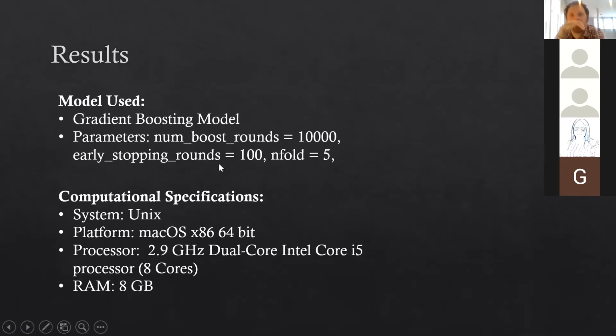Early stopping rounds indicate that the model will keep on training until the validation score stops improving. And n fold is 5 here, which indicates that the original data set will be randomly partitioned into 5 equal size subsamples.